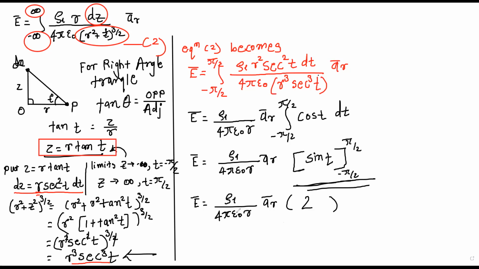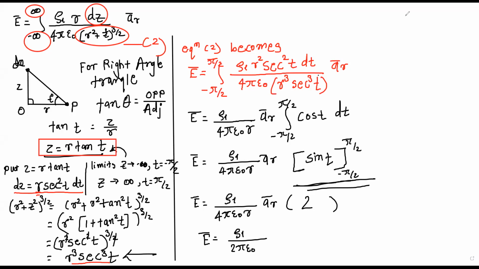2, right? So but we have here 4, so this equation could be simplified to E bar is equal to rho L upon 4 pi epsilon naught, sorry, this is 2 pi epsilon naught r, a bar r. I have written this for the distance r, right?